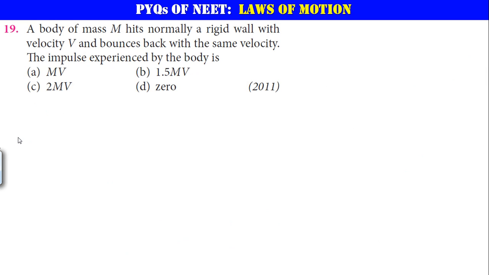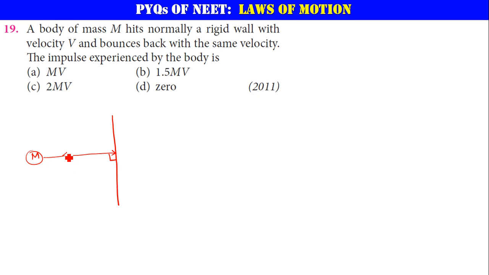Next, a body of mass m hits normally a rigid wall with velocity v, bounces back with the same velocity. The impulse experienced by the body is, so basically normal hit, no? So let us say this is the wall, and now you are taking a ball of mass m, it is going to hit the wall perpendicularly, or you can say normally, and it has to come back.